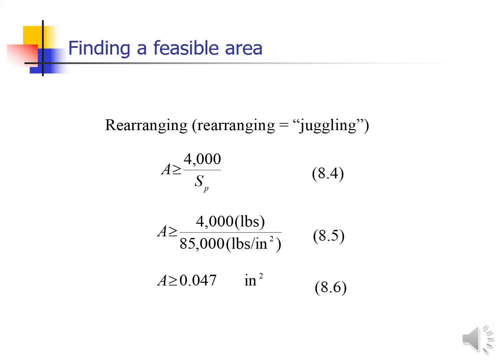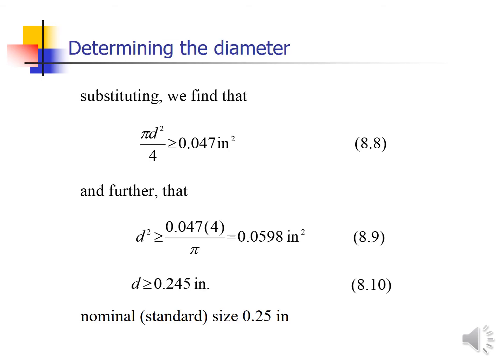After we arrange, A must be more than 4,000 over S, and we get the area of 0.047 inch squared. Then we substitute the area with the formula pi D squared over 4, and the final nominal size is about 0.25 inch.